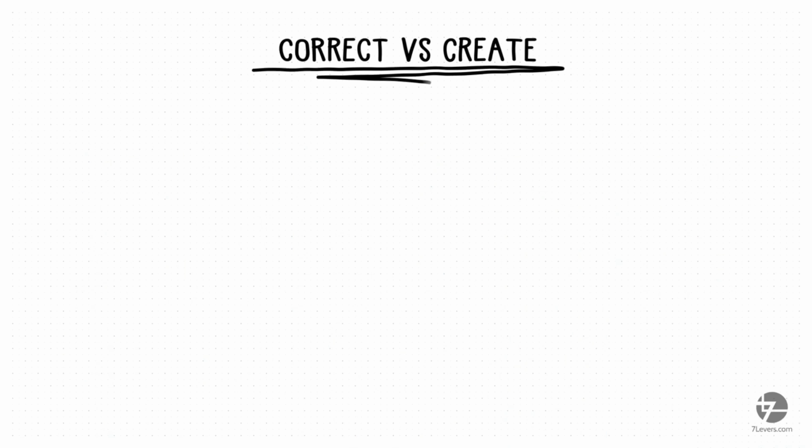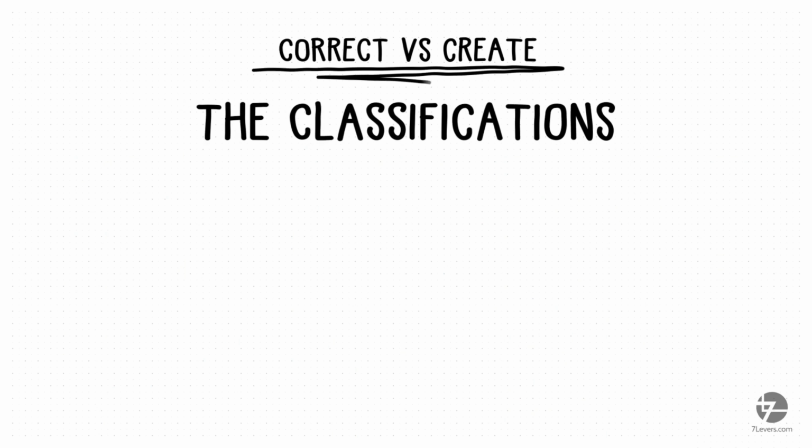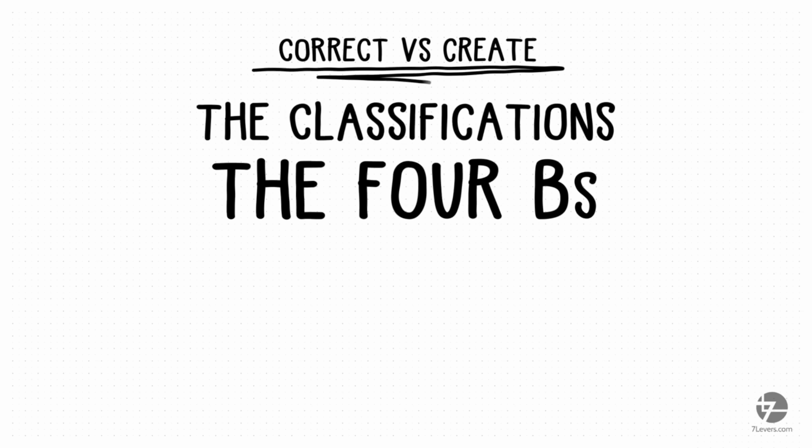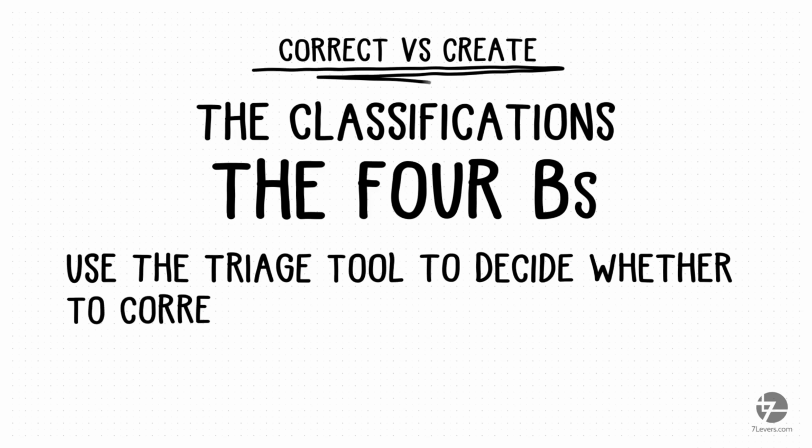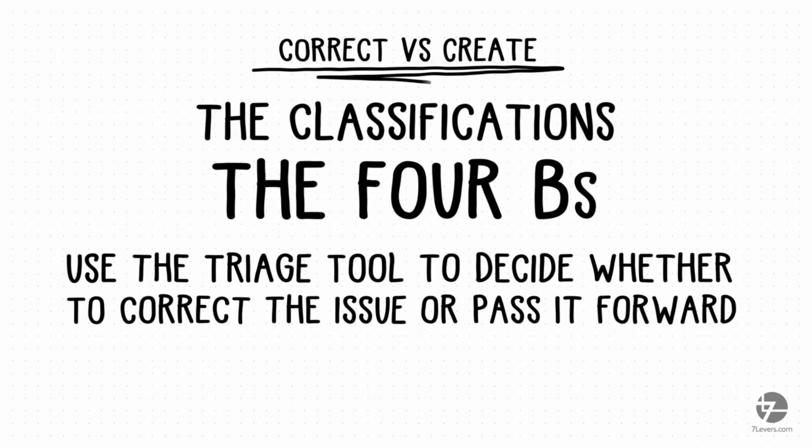And the way we do that is through the classifications that we gave. Now those classifications we call the 4 Bs, and we need to triage the work that we've done using those classifications to decide whether what we're going to do now is correct the issue or pass it forward into the create phase of profit growth.